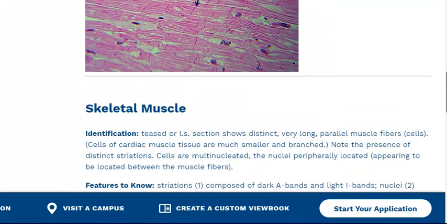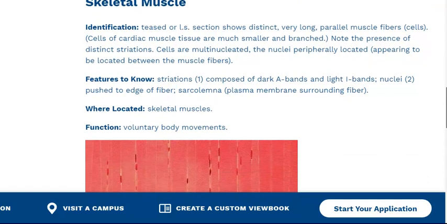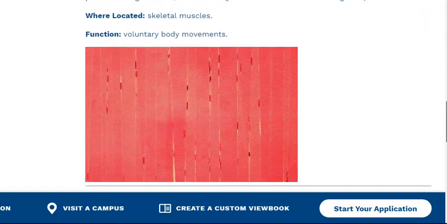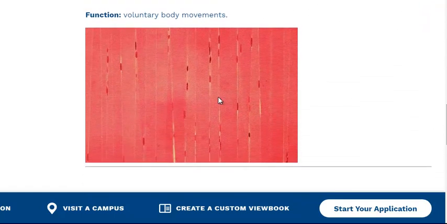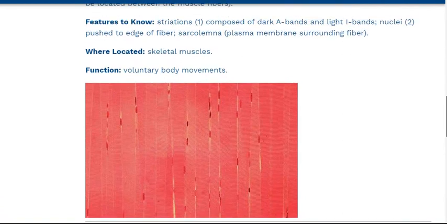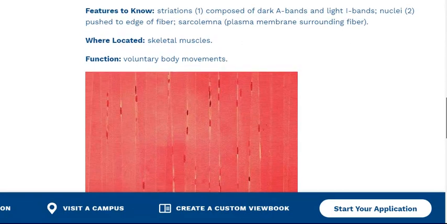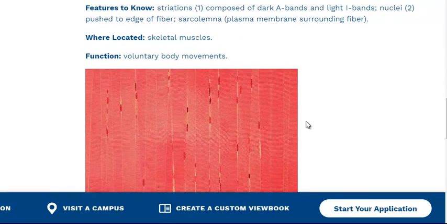And now we get down into the skeletal muscle, and you can easily see the stripes. So it's called striated or striped. Let's see if I can pull down so you can see the words. All right, there you go. Striations or stripes. And you have dark A bands.